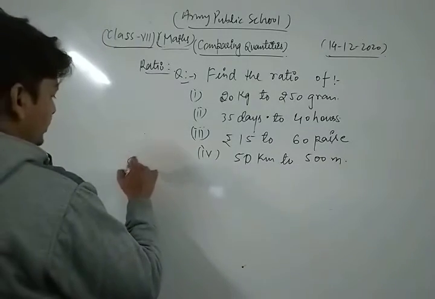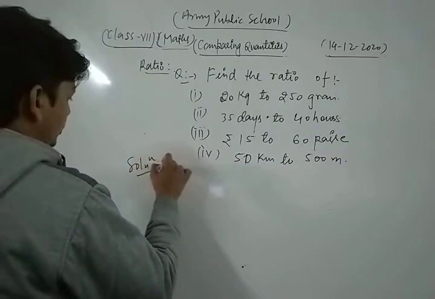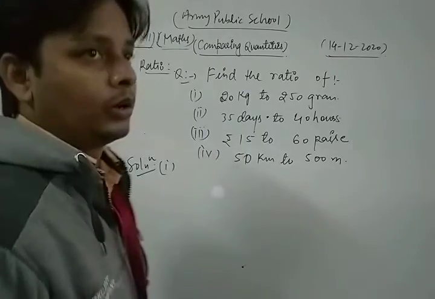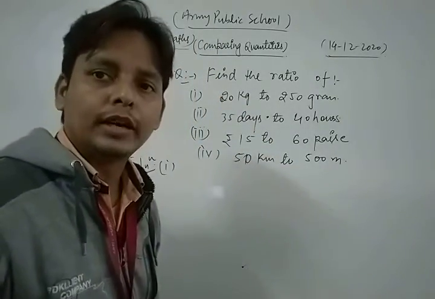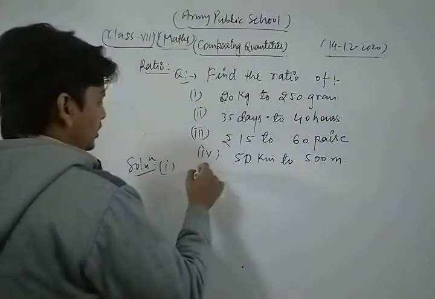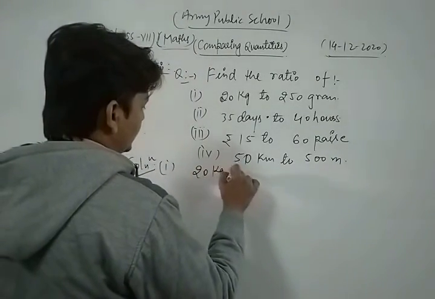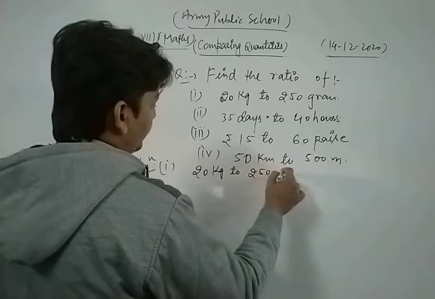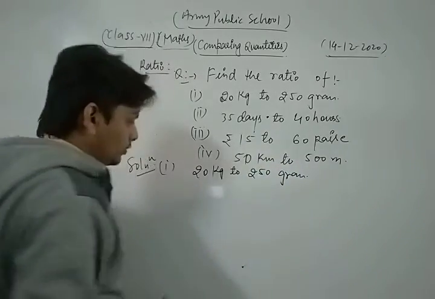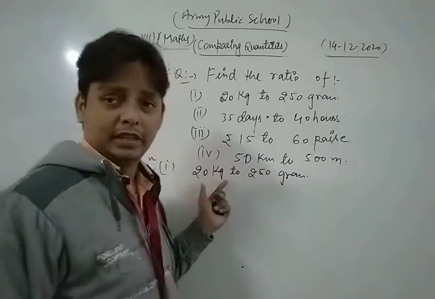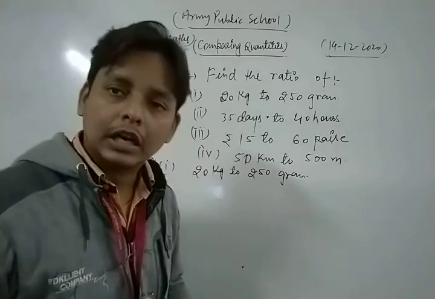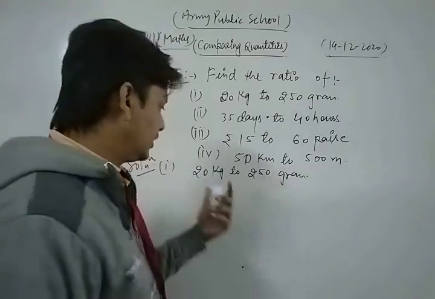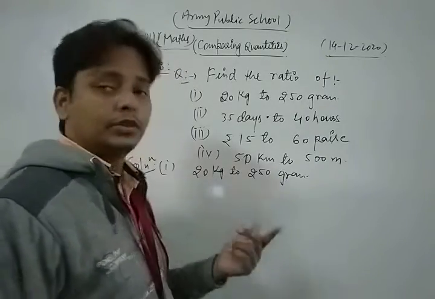We take and solve the first part of this question, which is to find the ratio of 20 kg to 250 gram. First of all we convert kilogram into gram, because in this type of questions we convert the given values into the same unit.